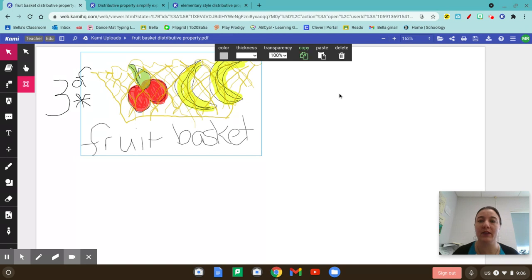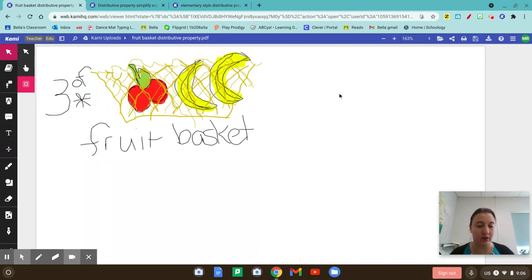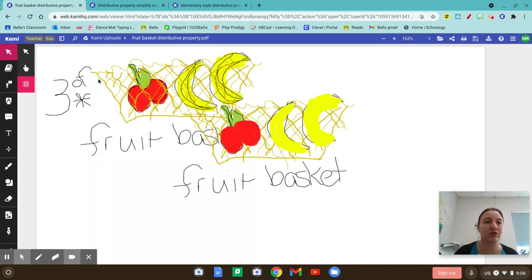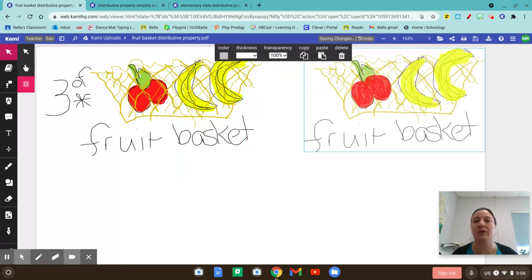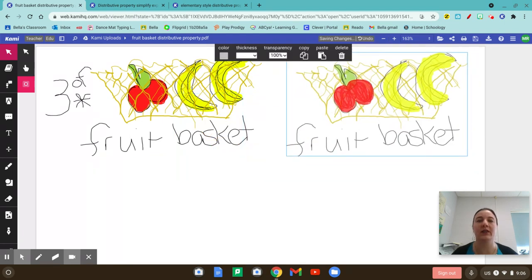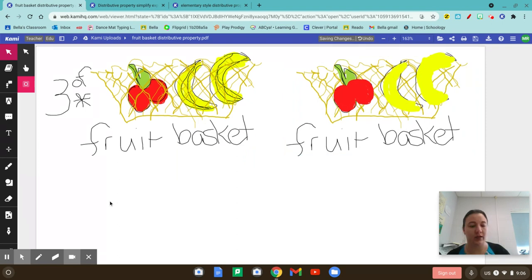So I'm going to copy this, and I'm going to paste it. Does my Control-V work? Yes, it does. I'm going to move it over, though. So I pasted it, and I'm going to paste it, and I'm probably going to have to move it down nice and slides nice. That works out well. All right, so I have 3 of my fruit baskets.